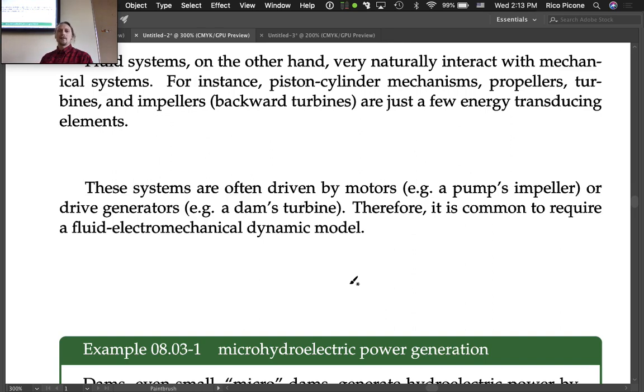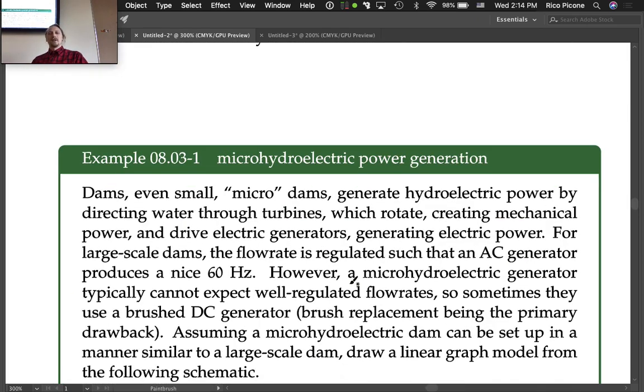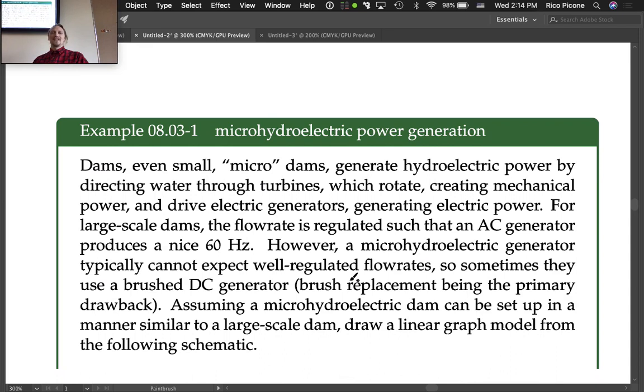These systems are often driven by motors, for example, a pump's impeller, or drive generators. A dam's turbine would drive a generator. Therefore, it is common to require a fluid electromechanical dynamic model. So fluid and mechanical and electrical all in one dynamic model. And without further ado, we will do just that.